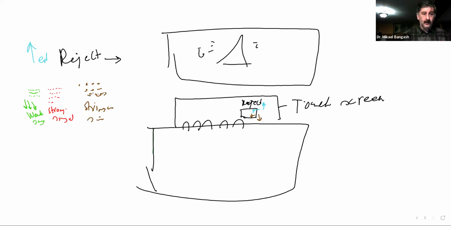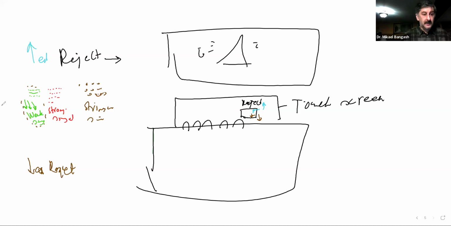So let's say if we had our filter at the lowest reject, that was only going to eliminate this.